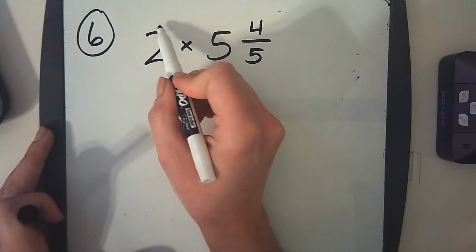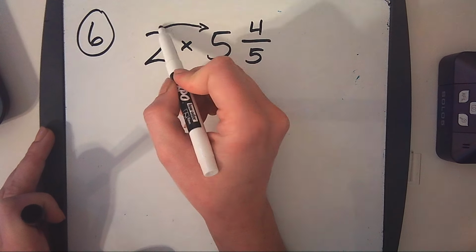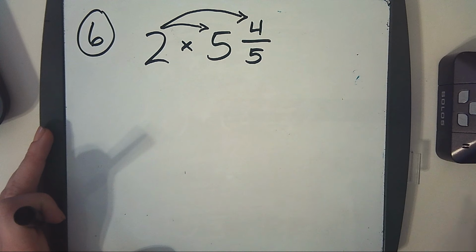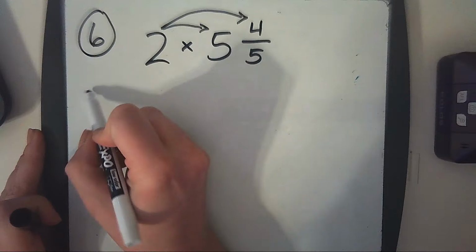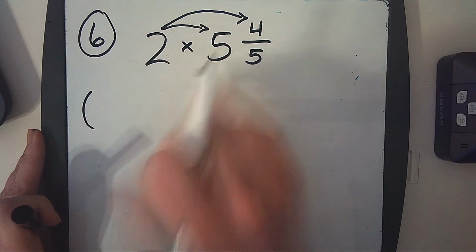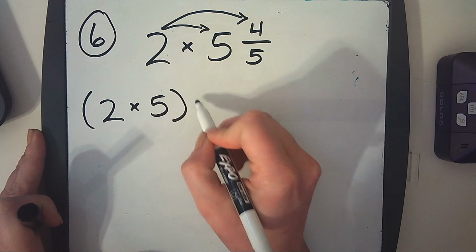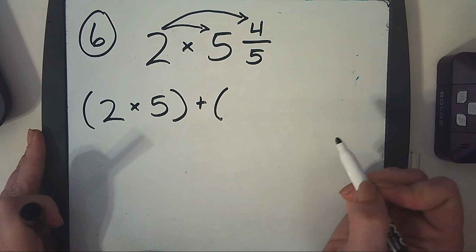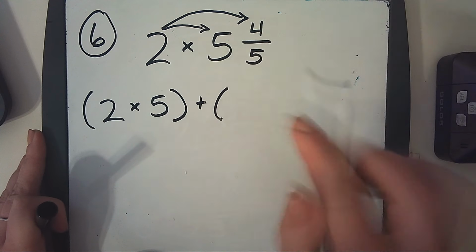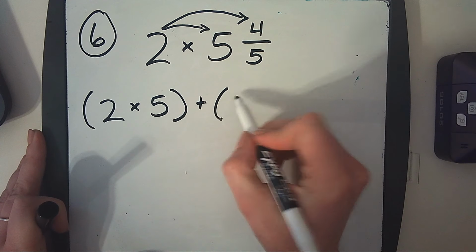Draw my arrows to represent my multiplication with the distributive property. My first equation is the whole number 2 times the whole number 5. And we will add that to my multiplication of the fraction part with the whole number, 2 times 4/5.